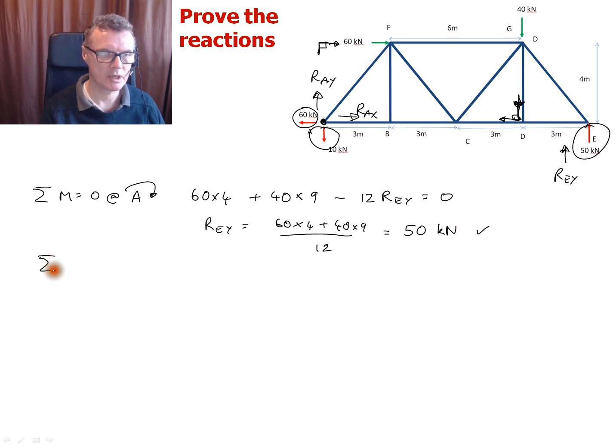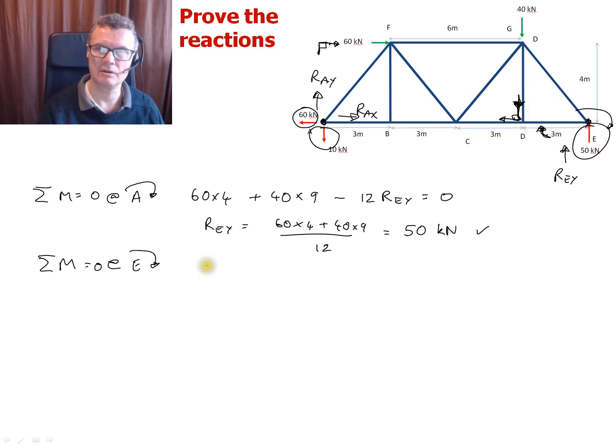So the next one, I'll take moments, and I'm going to take moments at E. I'm going to go clockwise again. So we're at this point here, we'll go clockwise. So when we get to this force here, we bring it back down to this position here, measure it. Notice it's going in the opposite sense to where the clock wants to turn.